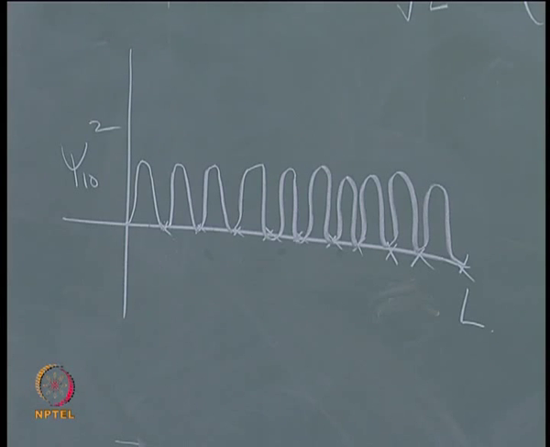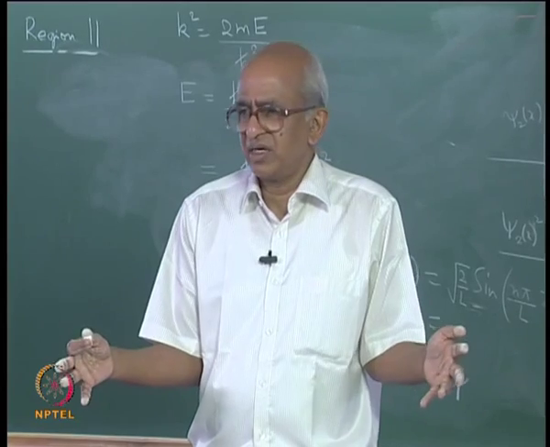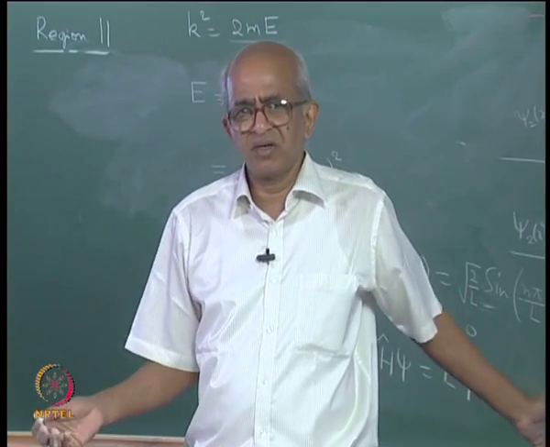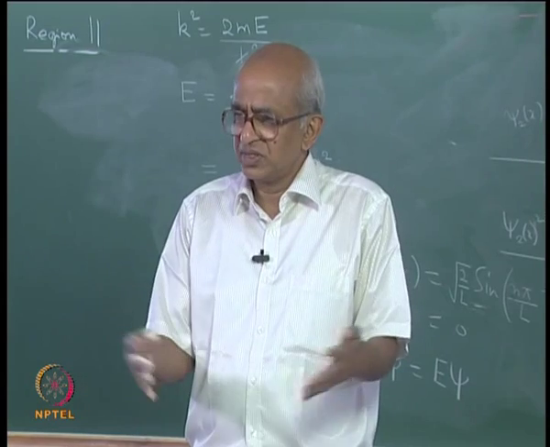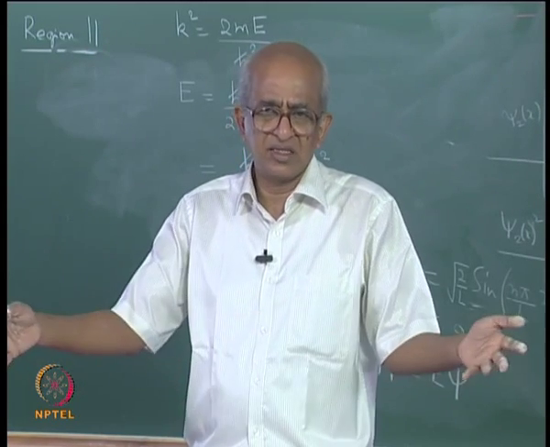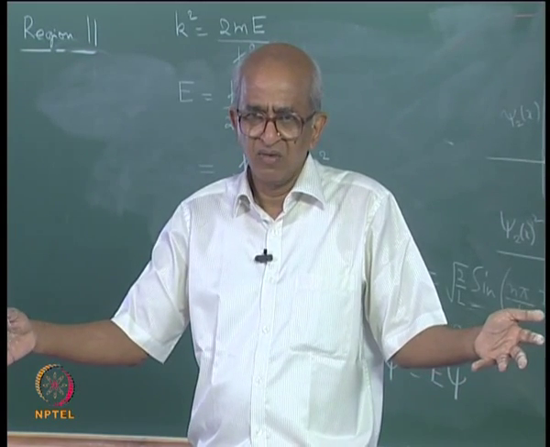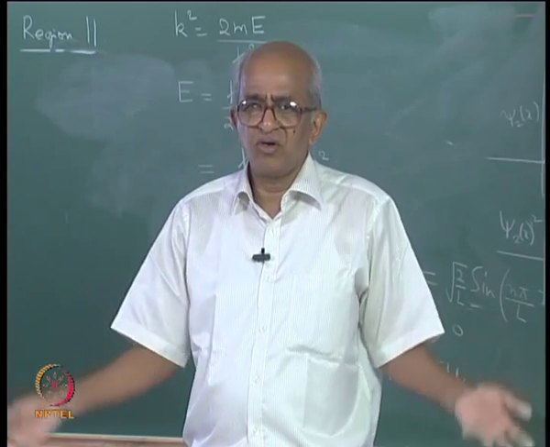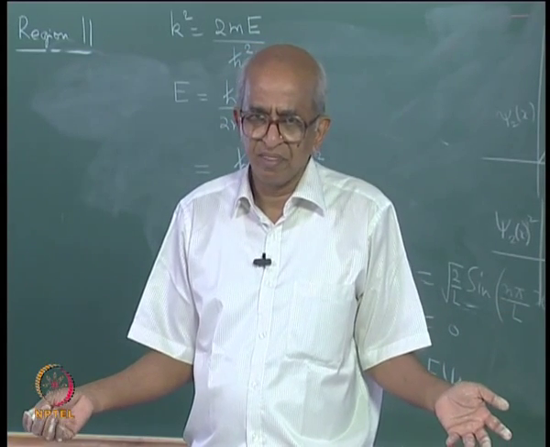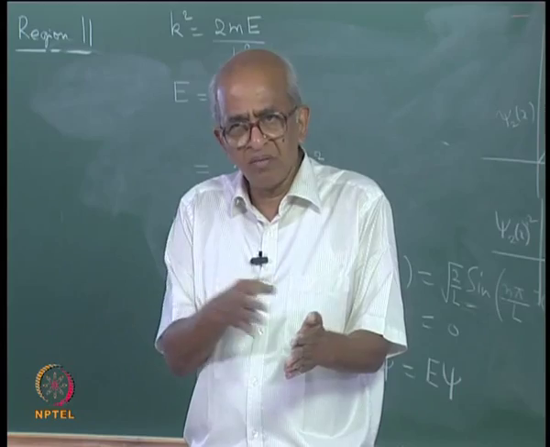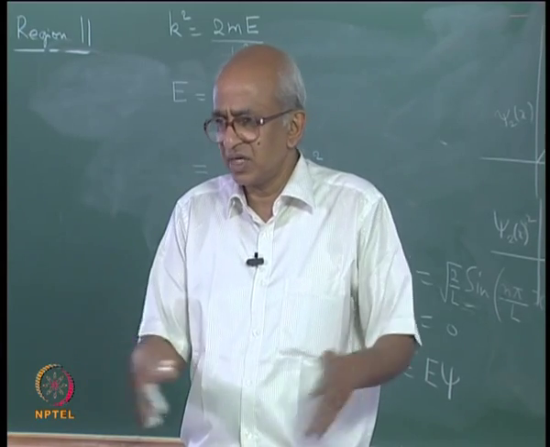Now, this is a very large value of n. Suppose I have a particle which is not obeying quantum mechanics, but classical mechanics, and it is inside the box, and I do not know where it is. Therefore, all positions within the box are equally likely.